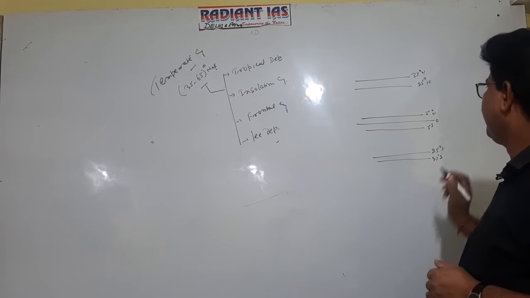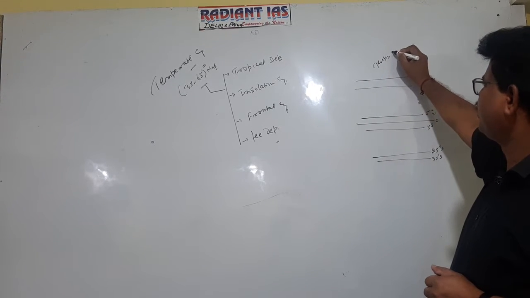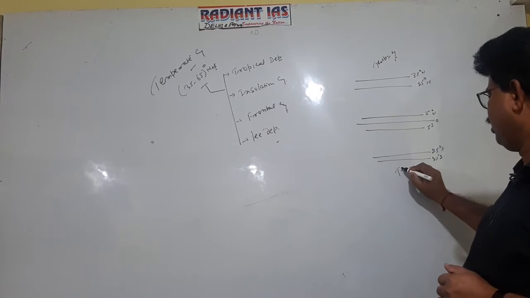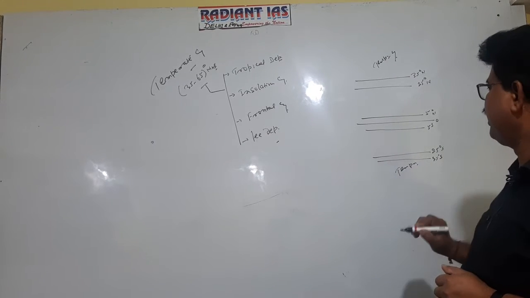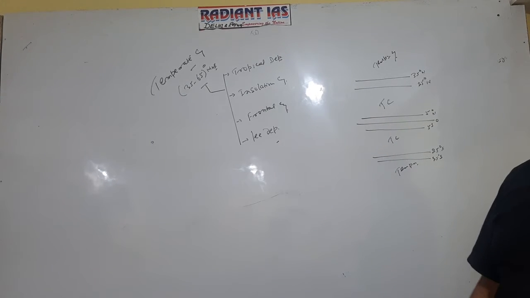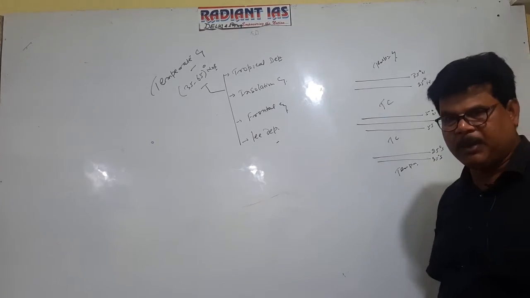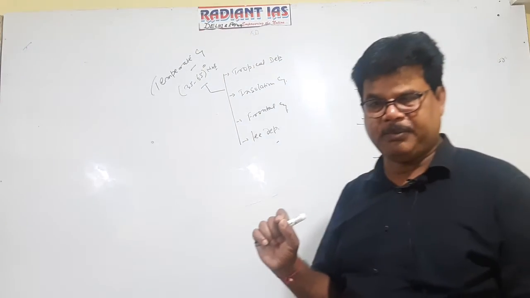So temperate cyclone originates here, here and here, and tropical cyclone originates in this region. So there is a remarkable difference between tropical and temperate cyclone.